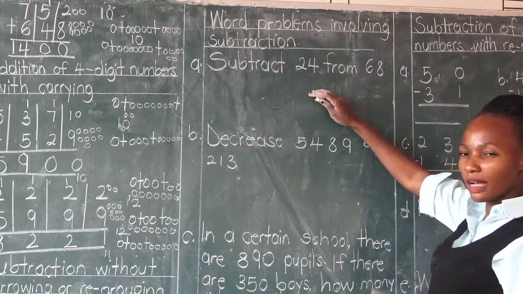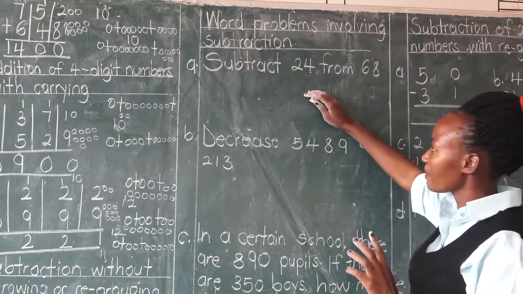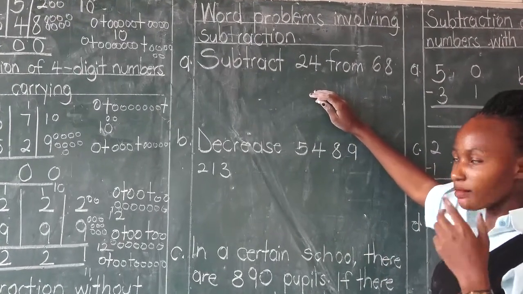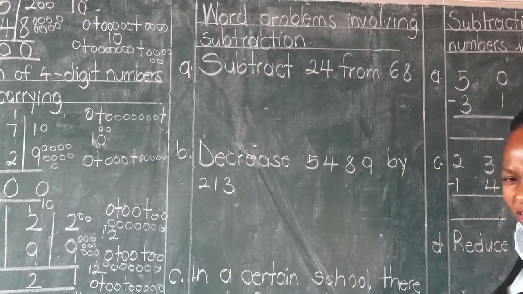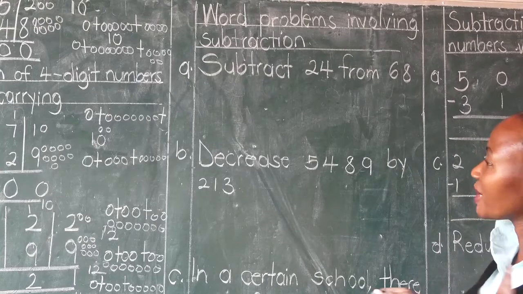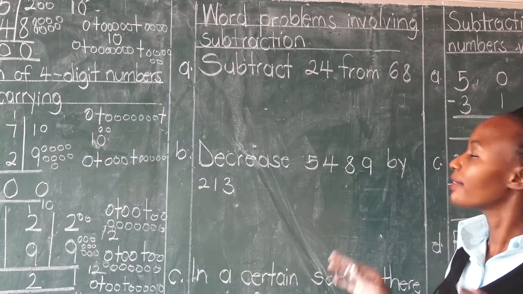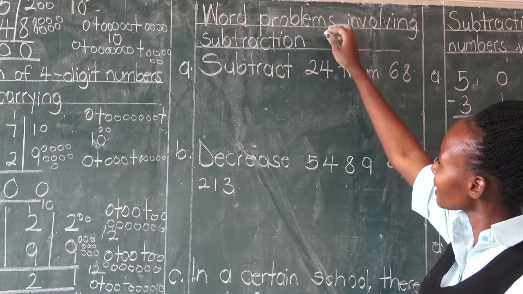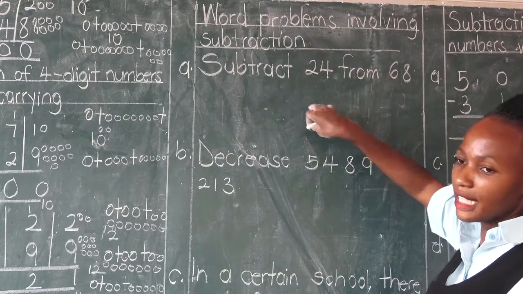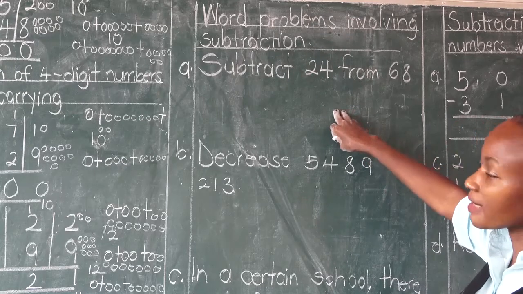Still, whenever you find word statements, word problems, you have first recall the keywords which you always use. If it's subtraction, you see the words in addition, multiplication, subtraction. Let's remind ourselves, what are the keywords, or what are those words involved in word problems involving subtraction?